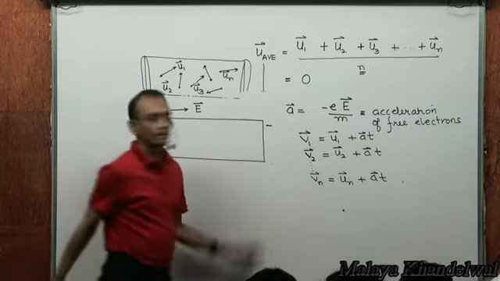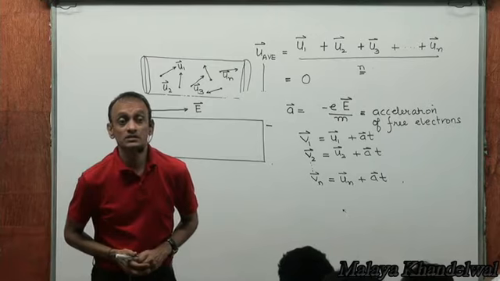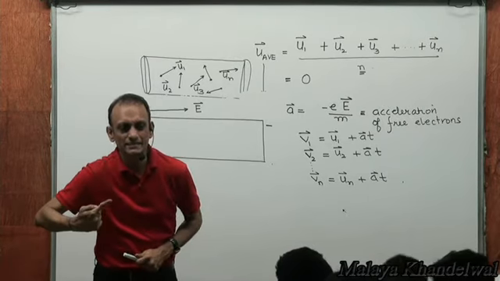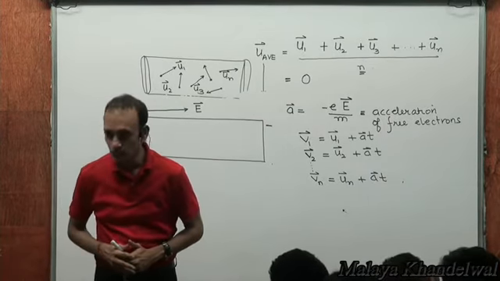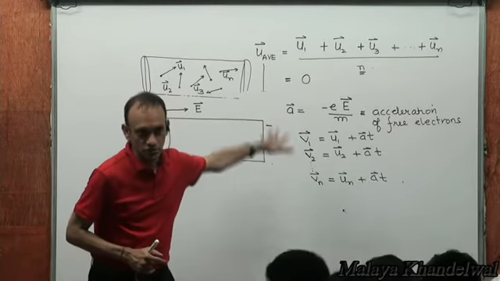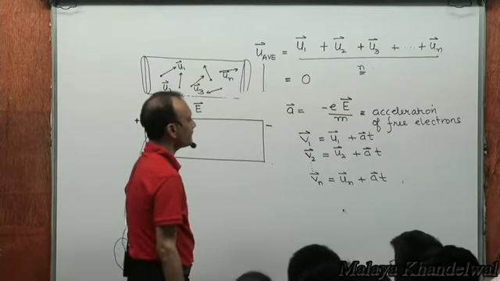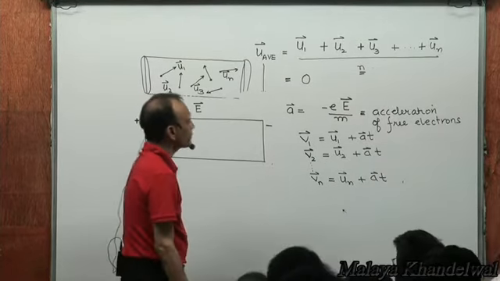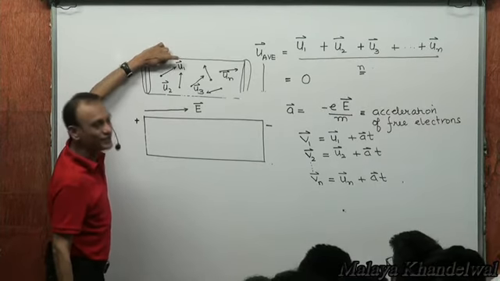v1, v2, vn now are the velocities at the end of T seconds, one average relaxation time, for the n electrons. Earlier, if u1 was the velocity of this electron in thermal motion, then until its next collision, its velocity would remain u1.